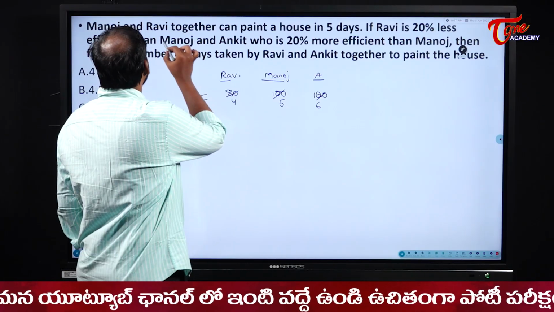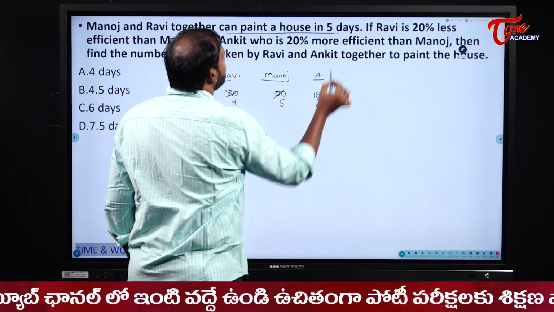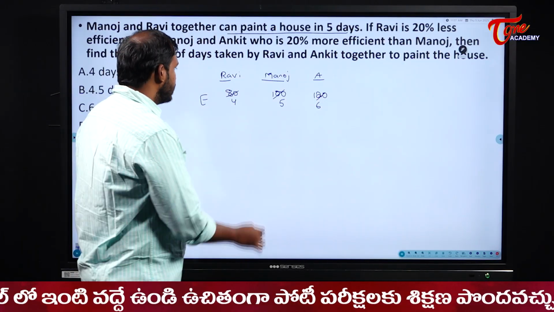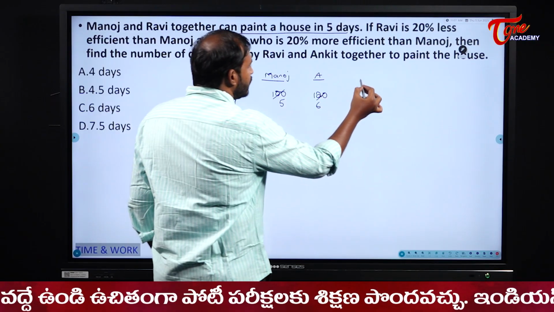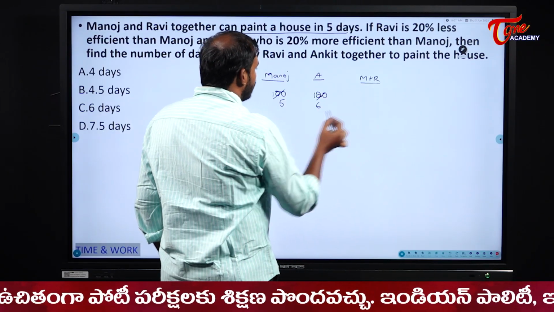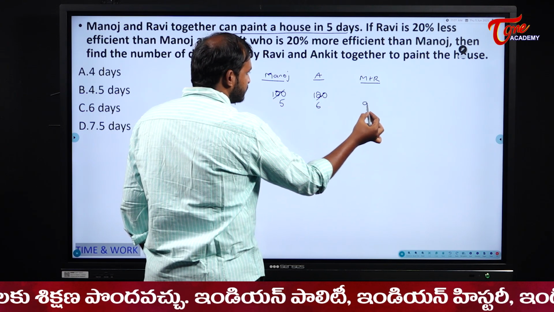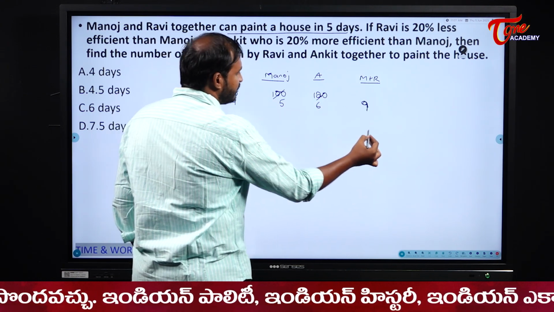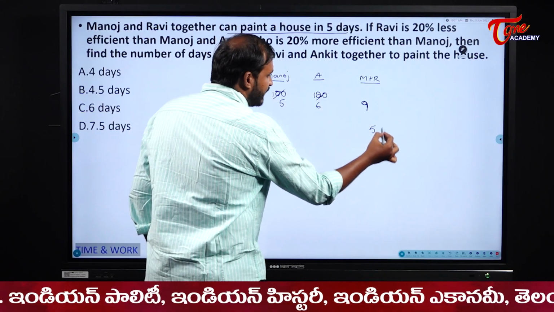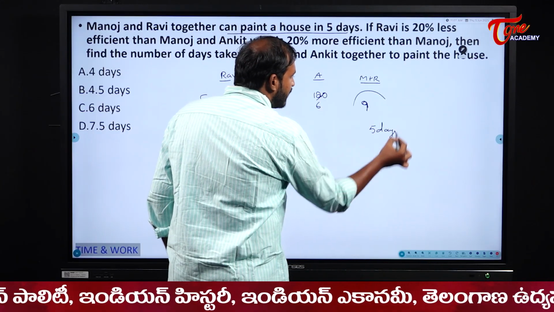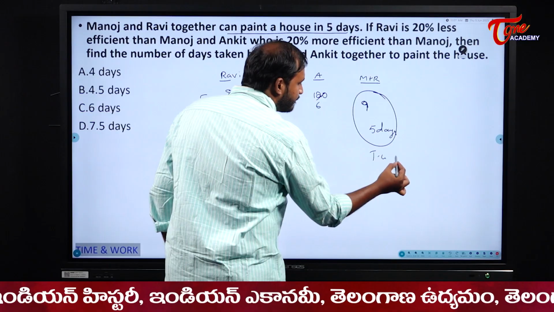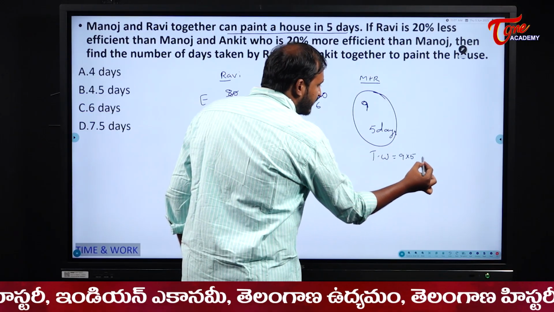Now please see here. Manoj and Ravi together can paint the house in 5 days. What is the combined efficiency of Manoj and Ravi? 4 plus 5 is 9. And together they can paint the house in 5 days. Now tell me, with the help of this, what is my total work here? Total work is 9 into 5, that is 45.